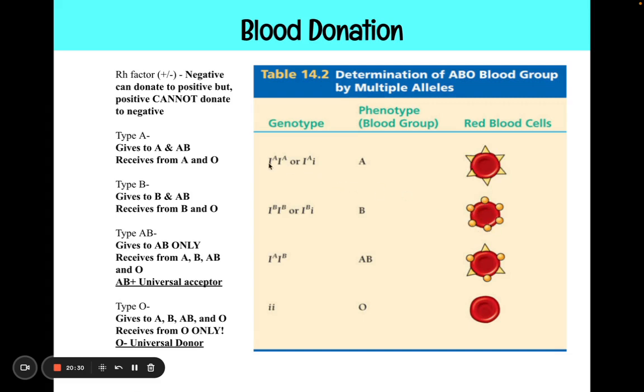And notice your genotype. You can be homozygous for A or heterozygous. If you're AB, guess what? Since it's co-dominant, you have both A antigens, that's our little spike here, and B antigens, that's our little circle. If you're O, you have none. It's a completely clean little red blood cell.